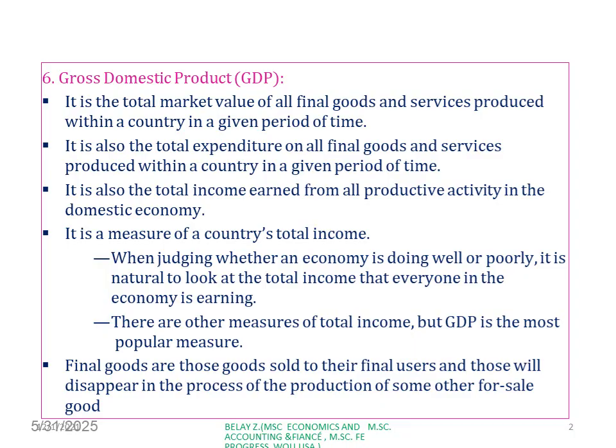We can use either of those approaches. How are they equal? One person or one country calculates GDP using the expenditure approach, and the other uses the income approach. The other country may use the production approach, but the value is the same.